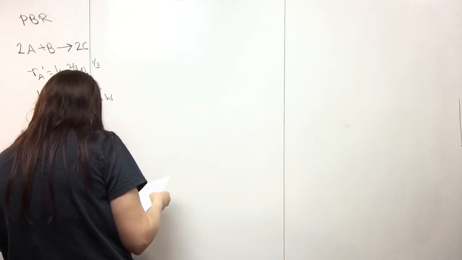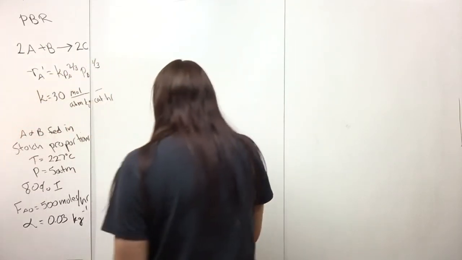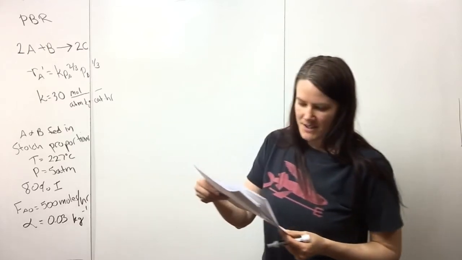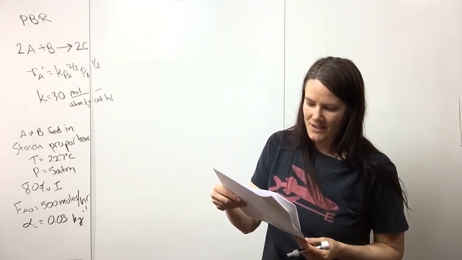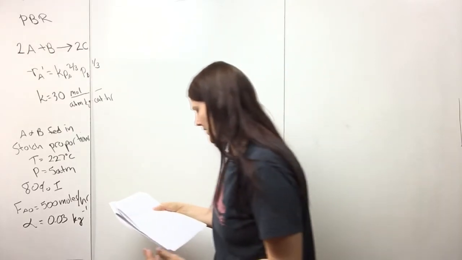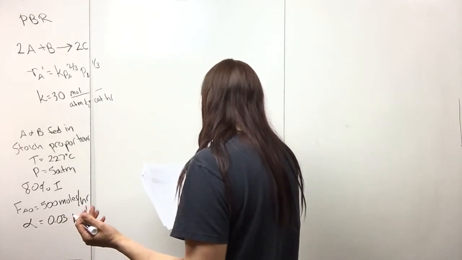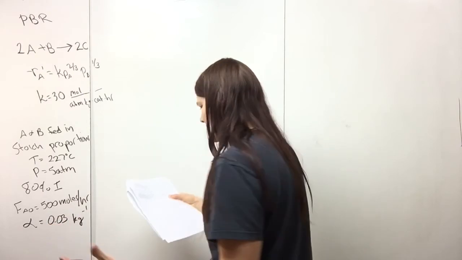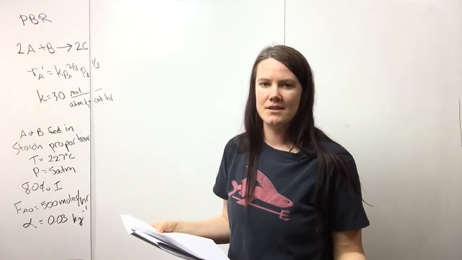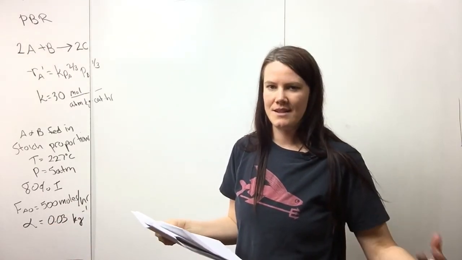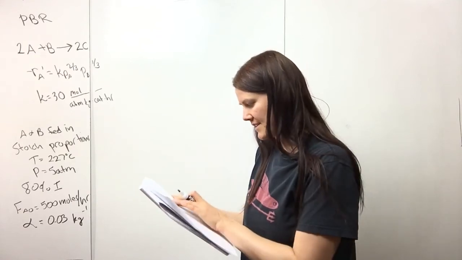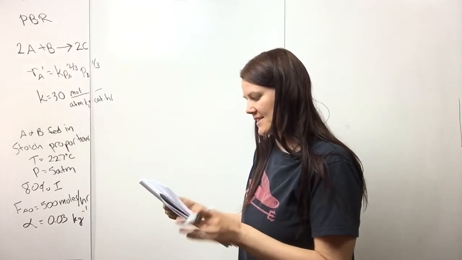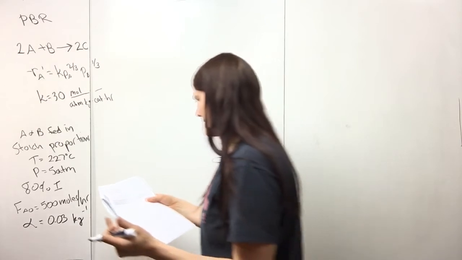0.03 kilogram minus 1. So then it says derive an expression that relates the weight of the catalyst to the conversion in the reactor. So basically we're looking to set up the mole balance and then solve it. And then it says find the weight of the catalyst necessary to achieve 20% conversion.